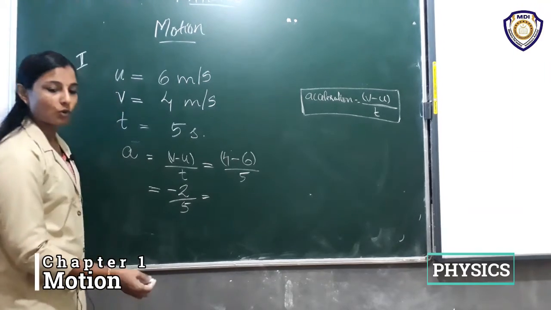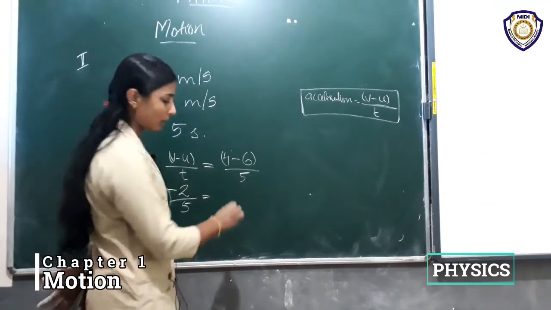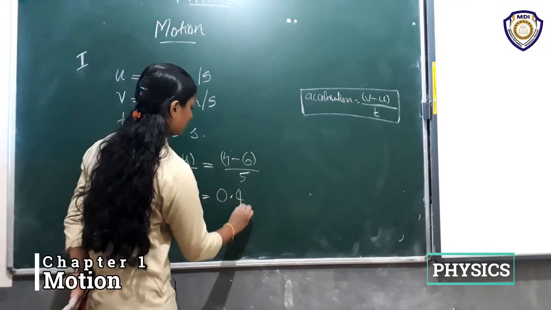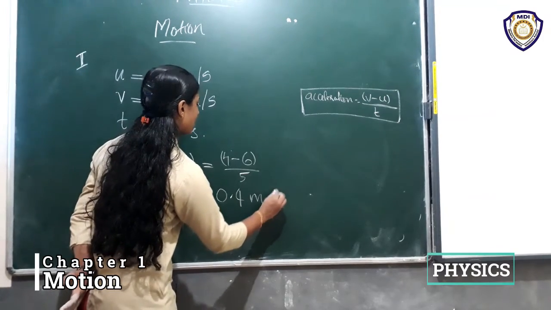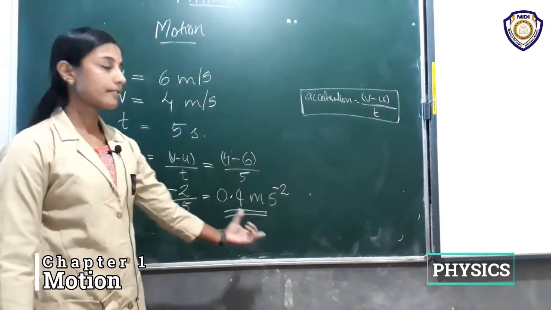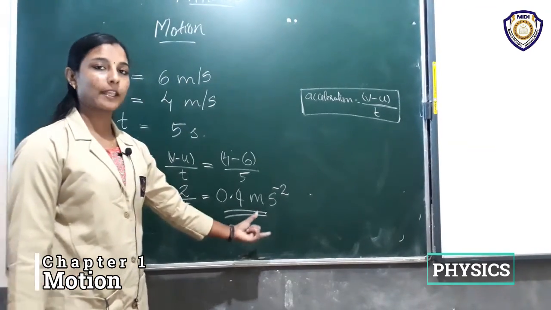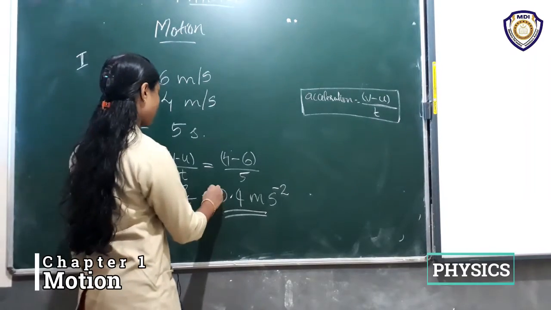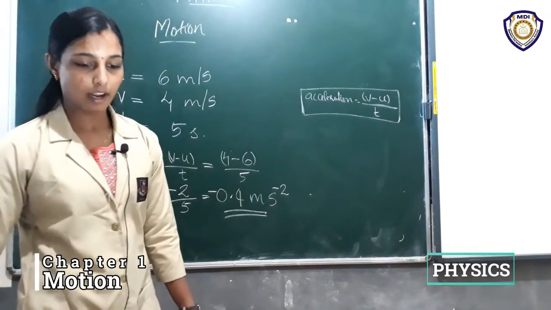It is equal to minus 0.4 meter per second square. This is the second case. So the acceleration here has a minus sign.